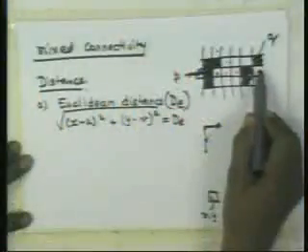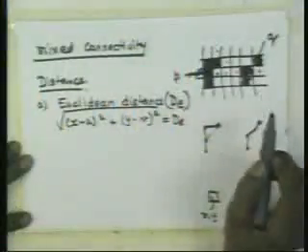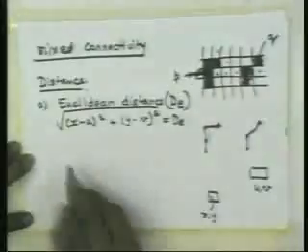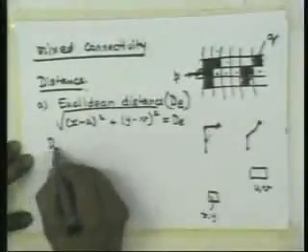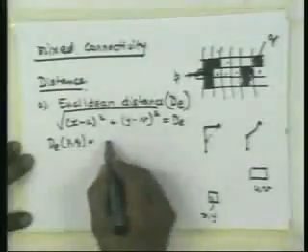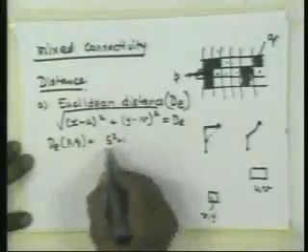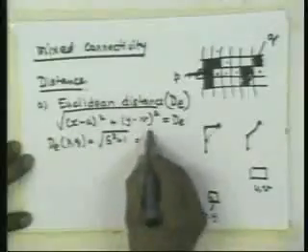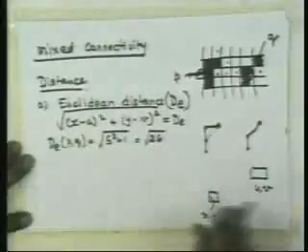Now the Euclidean distance will be 1 unit, 2 units, 3 units, 4 units, 5 units along the y direction, and 1 unit along the x direction. So in this particular example, dE between p and q is nothing but 5 squared plus 1 squared, square root, that is square root of 26.